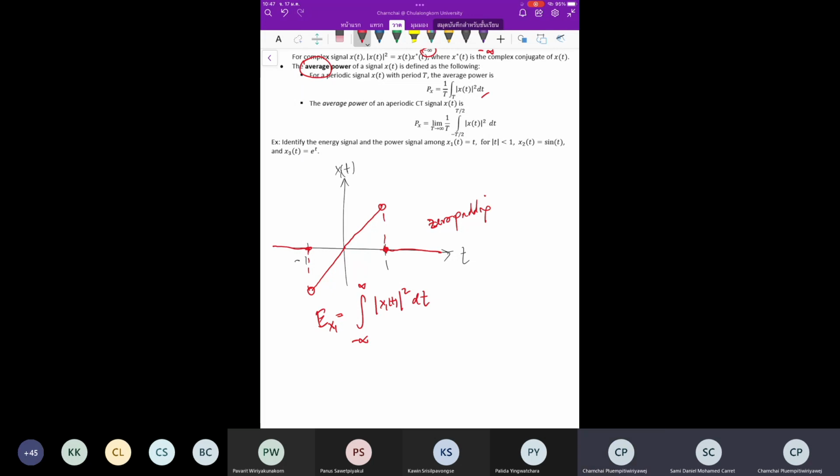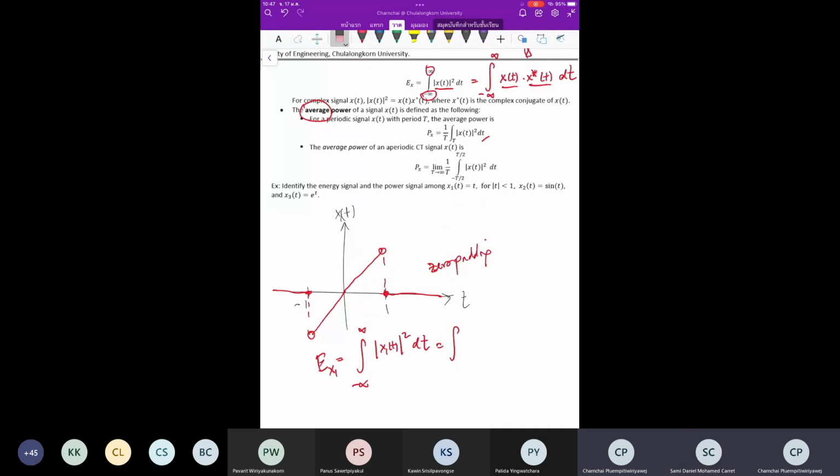Since x1(t) is equal to t, we get the integral of absolute t squared dt, but with t from -1 to 1. That's how we define this.